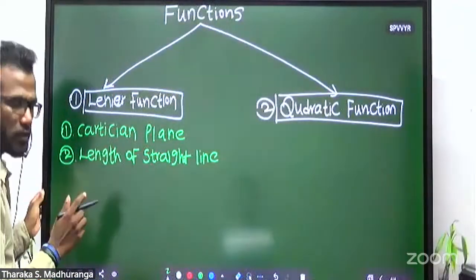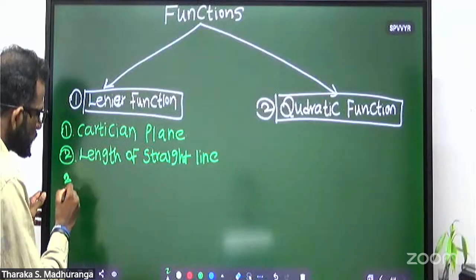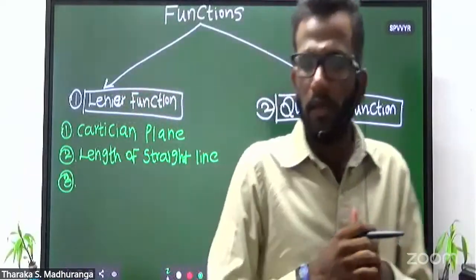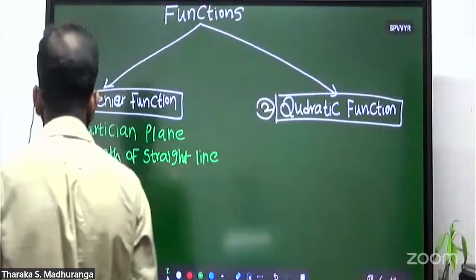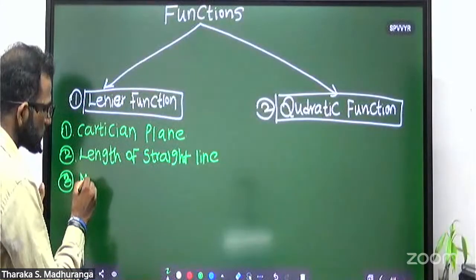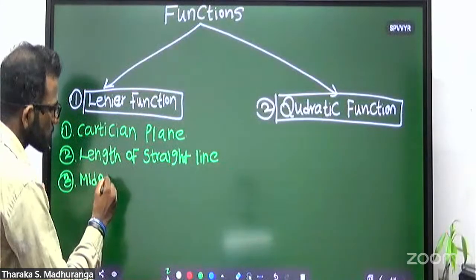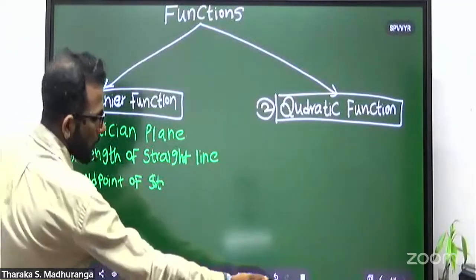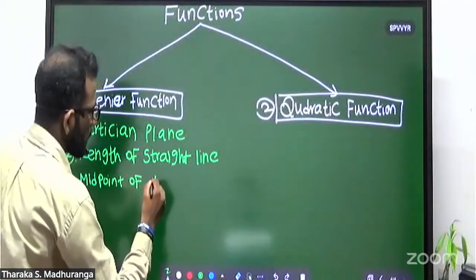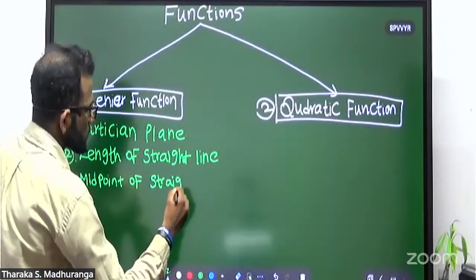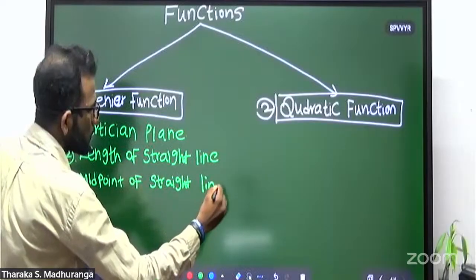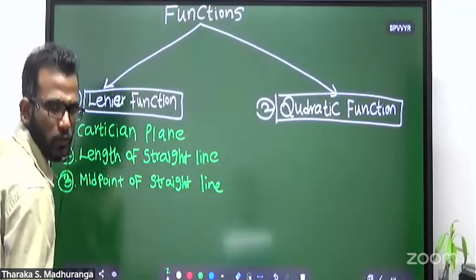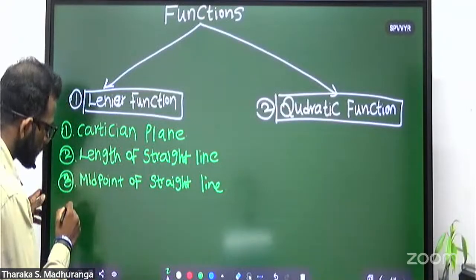Okay, I will give you the full subtopics in the lesson. Now just understand that's the full summary of the lesson we need to cover. The third one is the midpoint of a straight line, the midpoint coordinates.